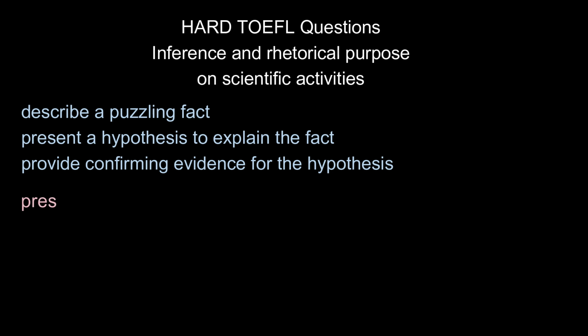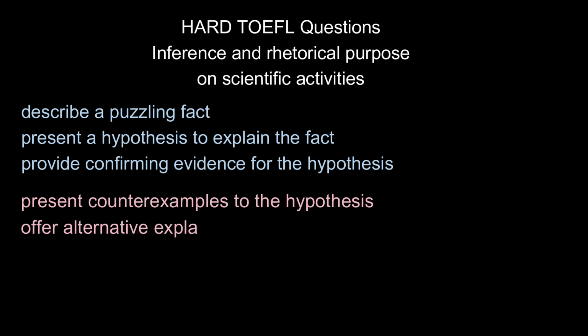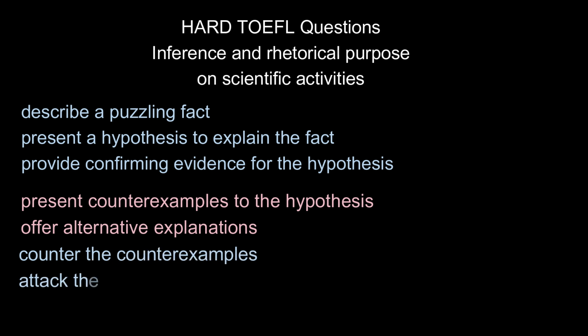They will present counterexamples to the hypothesis and offer alternative explanations, presenting an alternative hypothesis that can equally explain the puzzling phenomena. The plot thickens with the rebuttal by those who presented the hypothesis in the first place. In their effort to buttress their hypothesis, they will counter the counterexamples and explain why they are not actually counterexamples and why the alternative hypothesis is defective.